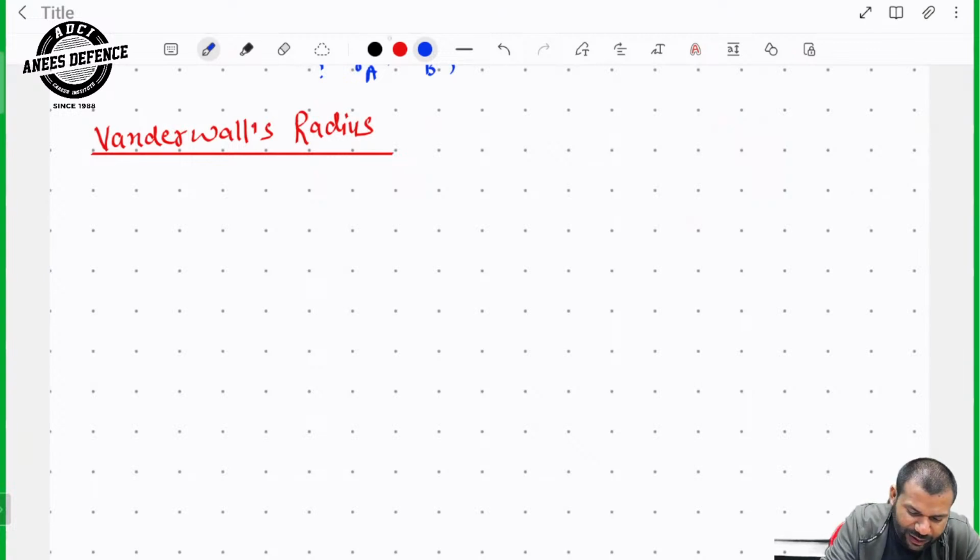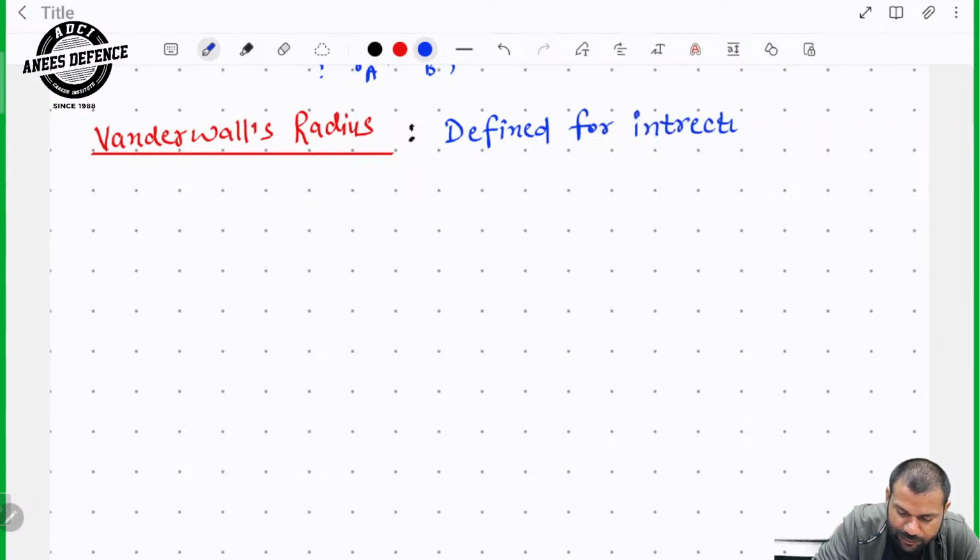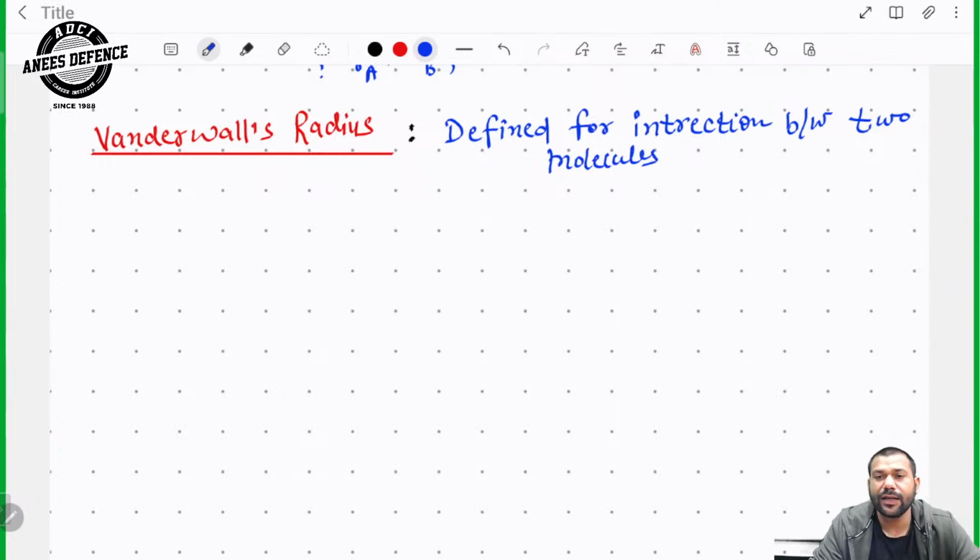How do we define it? Let's say we have two different molecules, an A2 molecule and a B2 molecule. So it is defined for interaction between two molecules, like molecules of chlorine gas, argon gas, hydrogen gas. In that case, we define van der Waals radius.